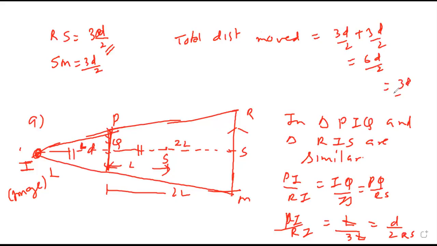This is the answer. Do you follow this concept? Plane mirror, so object and image will be at the same distance. Whenever he is seeing, he should see through this end point because there is no mirror above, so I joined it. So this will only happen for a plane mirror, right? The image will be found on this.